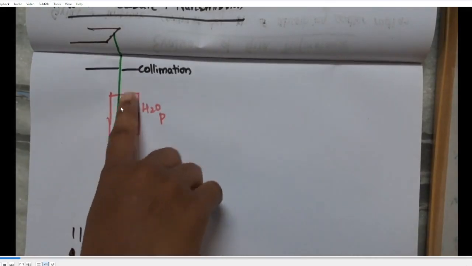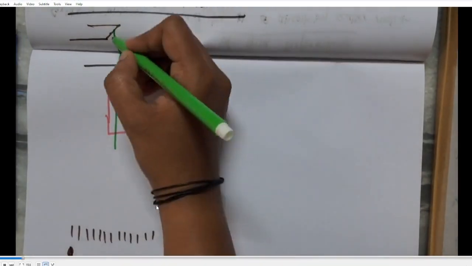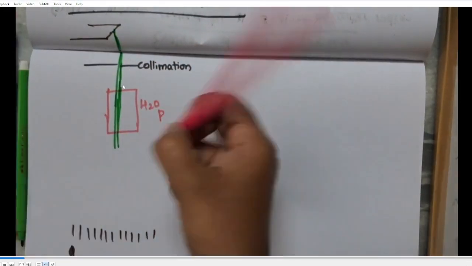This phantom is placed at a greater distance from the grid. So this is the grid. With this arrangement, we can make sure that whenever the radiation is scattered here, it will not reach the grid. So this is the pencil-thin X-ray beam.